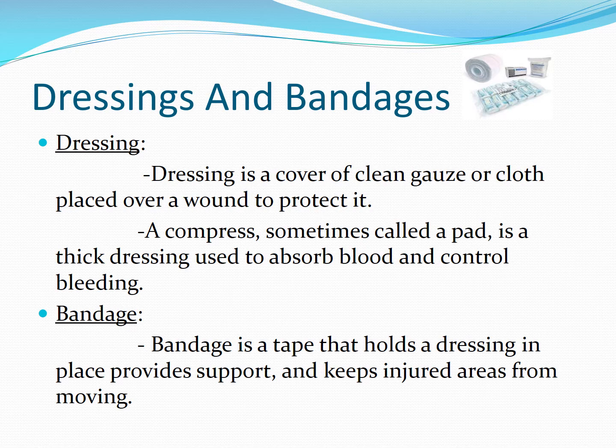A compress, sometimes called a pad, is a thick dressing used to absorb blood and control bleeding. Bandage. Bandage is a tape that holds a dressing in place, provides support and keeps injured areas from moving.